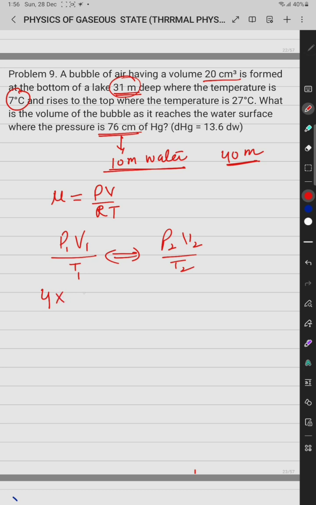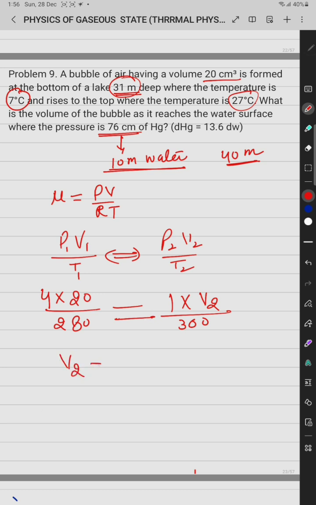The volume is 20. Temperature at the bottom is 280, means 7 degrees centigrade plus 273. And the pressure at the top is 1 atm and the volume will change. Temperature is 27, according to 300.